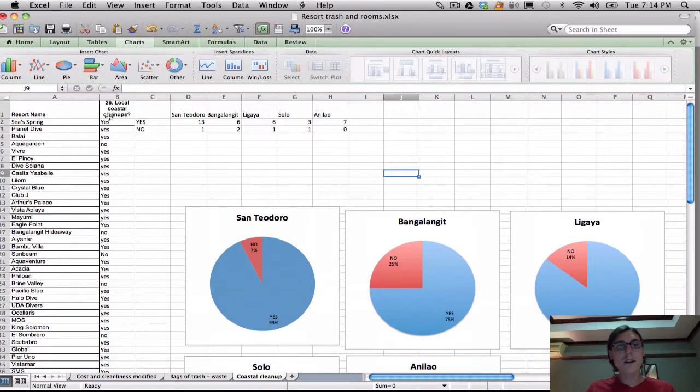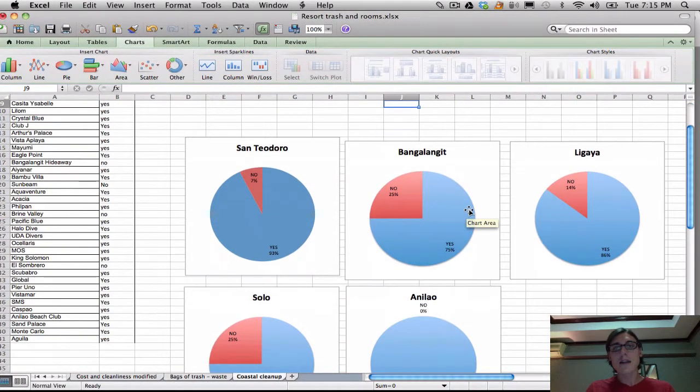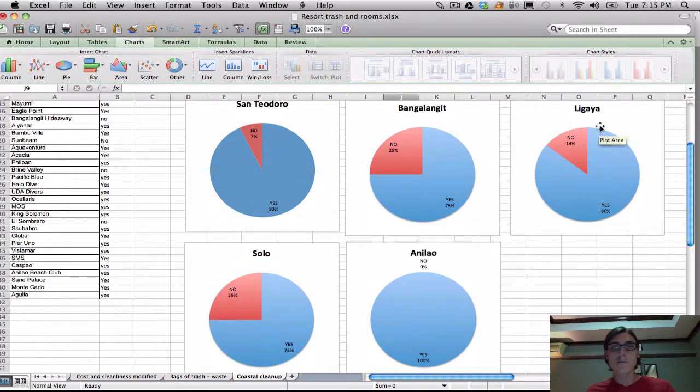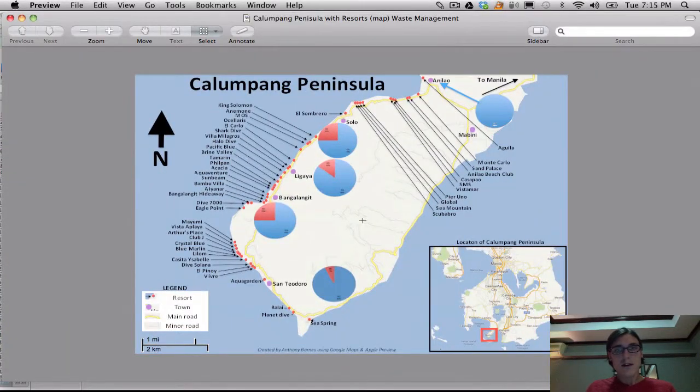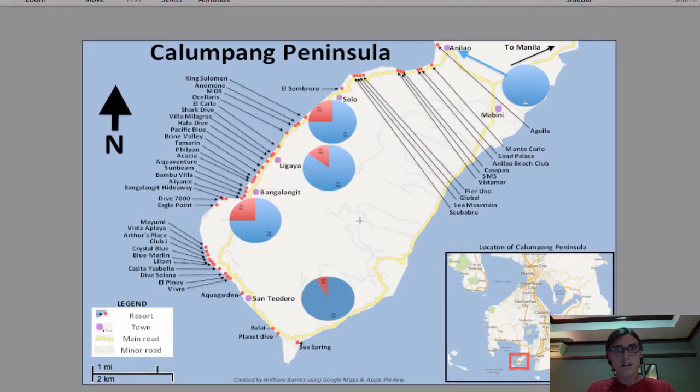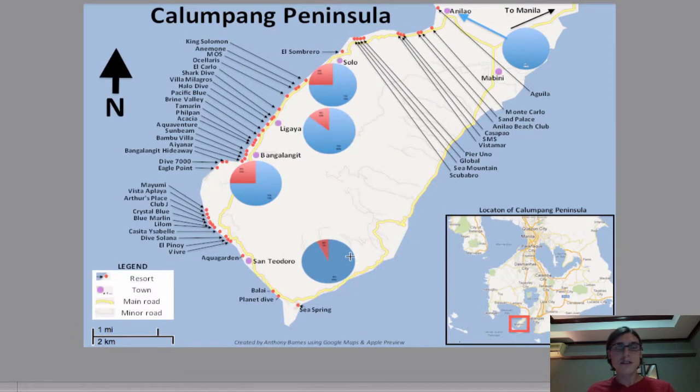So if the barangay had more coastal cleanup or didn't have as much coastal cleanup, you'd be able to see that. And instead of just putting these barangays on my paper as blank pie charts, I've essentially found out which resorts are in what barangays and added that information and those statistics to my map that I created.